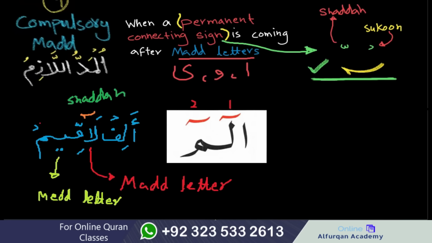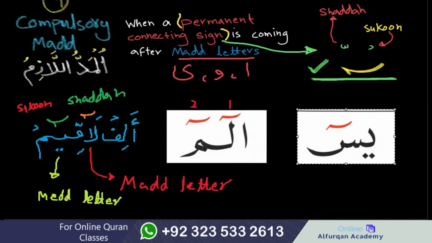And after that again we have letter mim, and on top of letter mim is a sukoon sign, which means also the mi sound we have to make for 6 counts. That's why also we have to write down a mad sign here. Alif, lam, mim. Like that here.